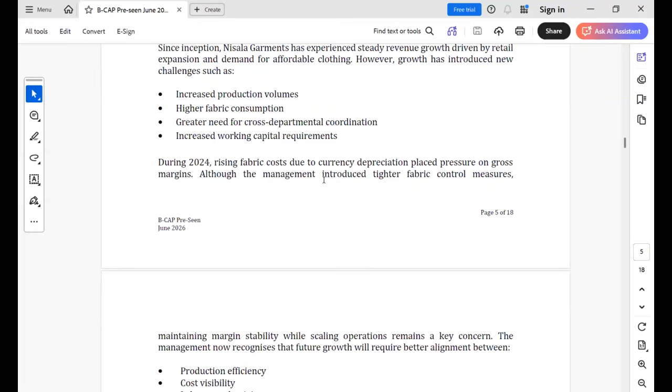But one week later, if the exchange rate becomes 350, you have to pay 350, not 300. It obviously increases your import cost, right? So in Sri Lanka, generally we can see, because our rupee is weak compared to the dollar, every day it is depreciating, right?